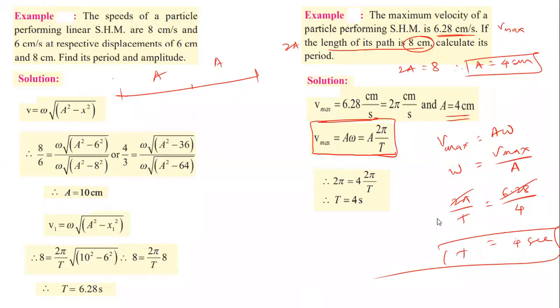So next example. Maximum speed of particle performing linear oscillation is 0.08 meter per second. Maximum speed means A omega is given. So this is A omega.